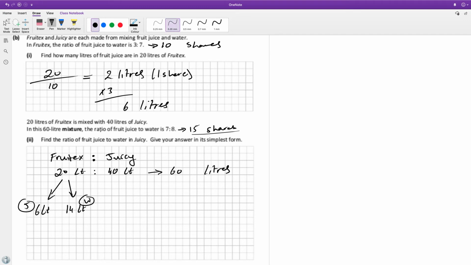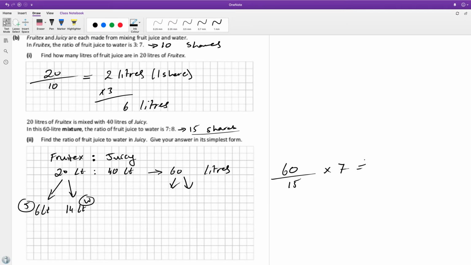In this 60 litre mixture, the ratio of fruit juice to water is 7 to 8. So in the entire 60 litres, the ratio is, so break down the 7 to 8. How am I going to do that? 60 divided by 15 shares multiplied by 7.